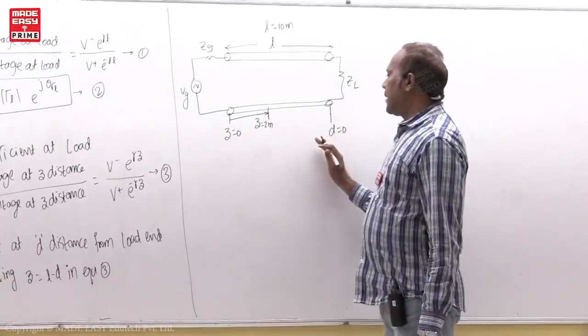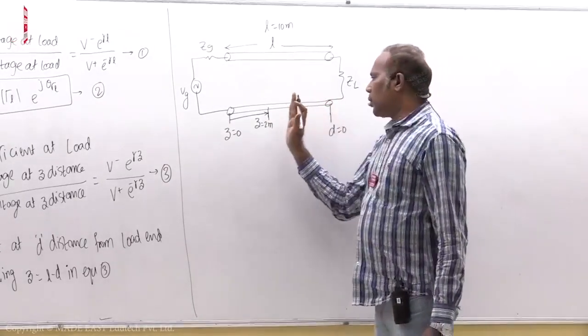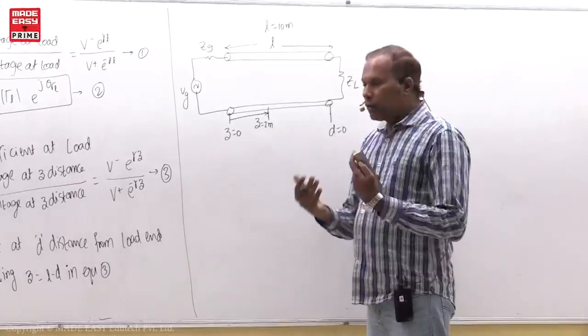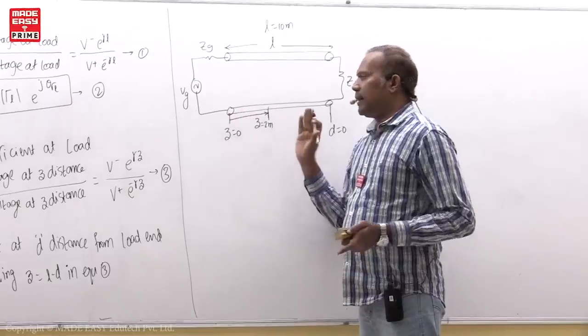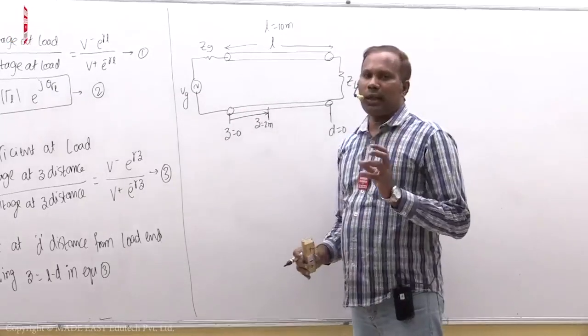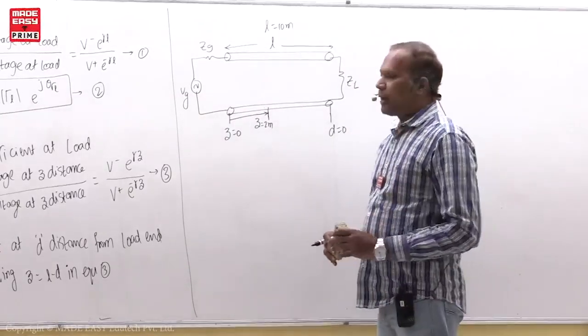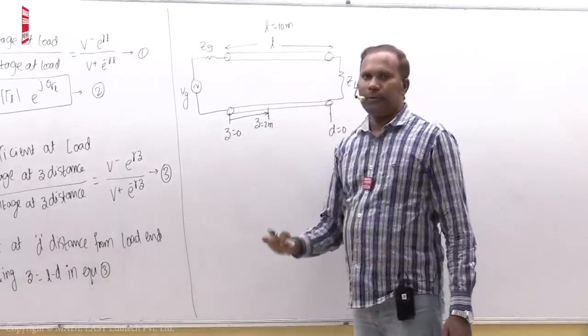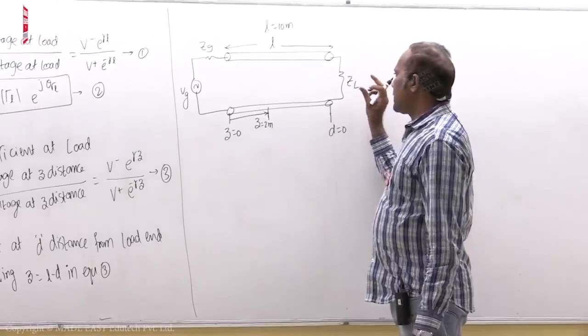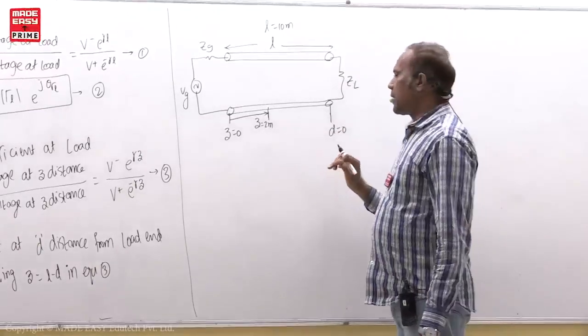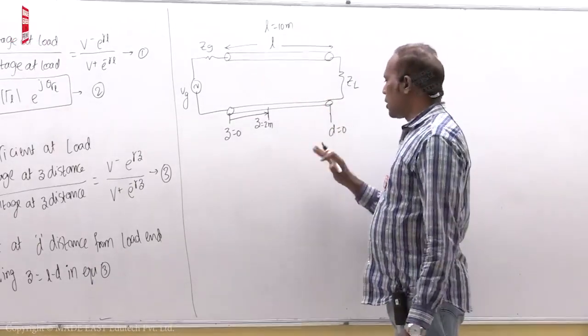That means if I calculate the voltage at 8 meters from the load end, that gives the voltage at 2 meters from the source end. From this you understood that we can do calculations from the load end also. That is famous because generally matching is done at loads. So calculations are done from the load side only. That is simpler.